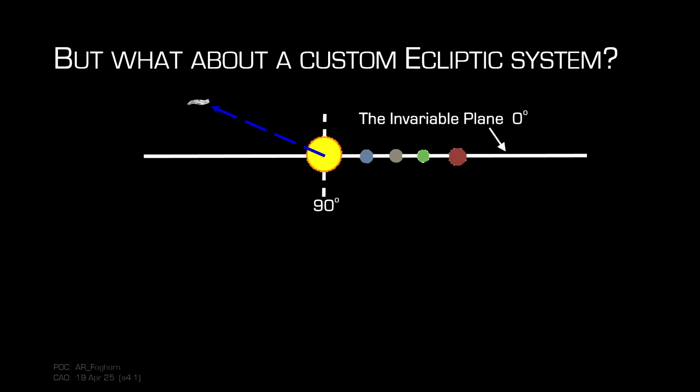Just use the center of whatever star system you're in, the center of the sun, or the barycenter if it's a binary or trinary star system. Make that the origin. Build all of the orbits of all of your planets in the same plane, and call that your invariable plane, your primary plane.